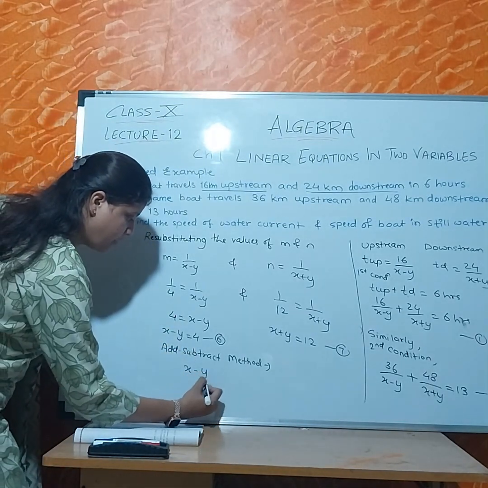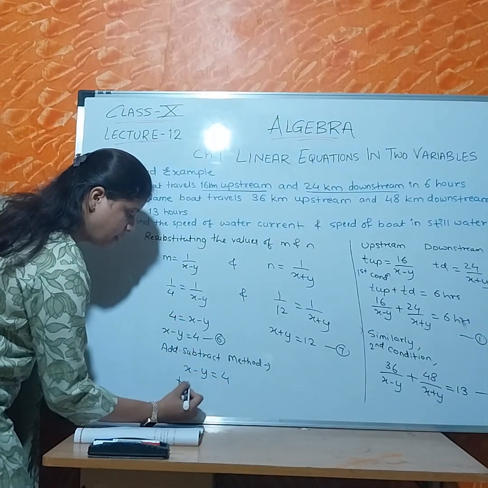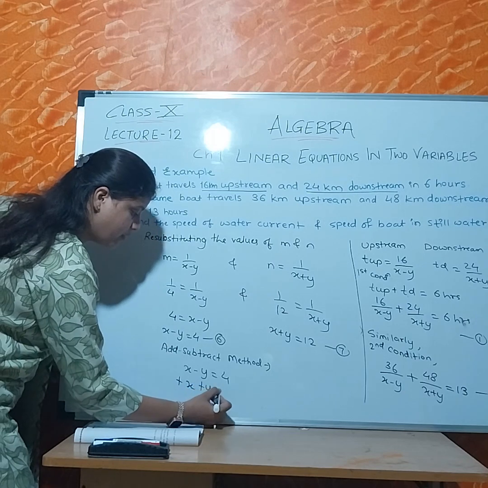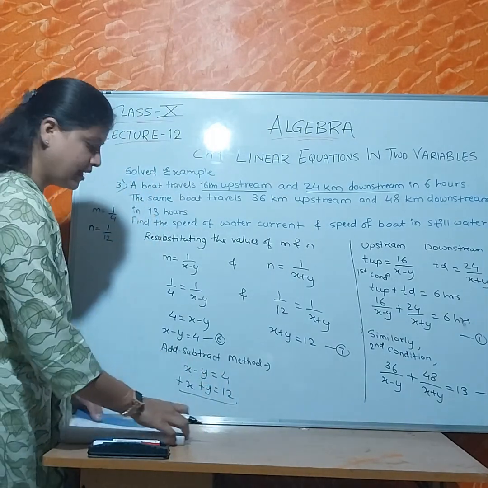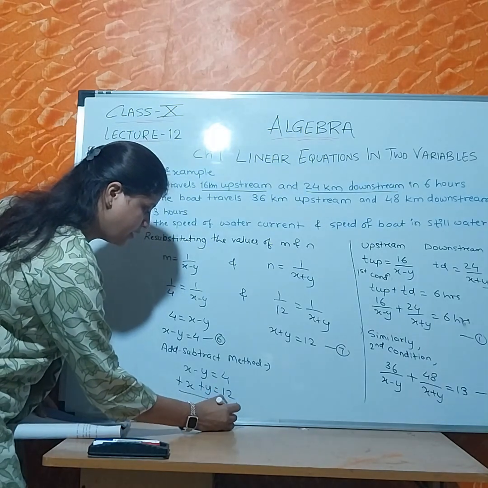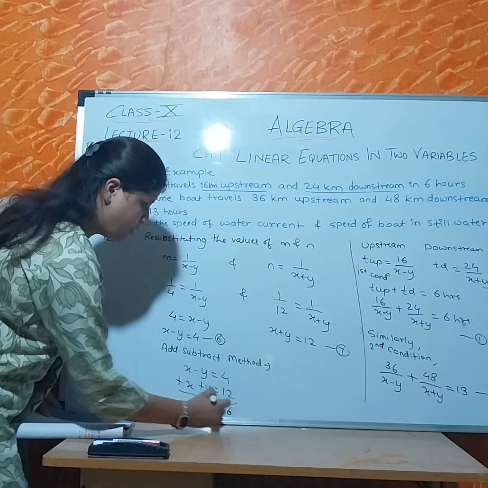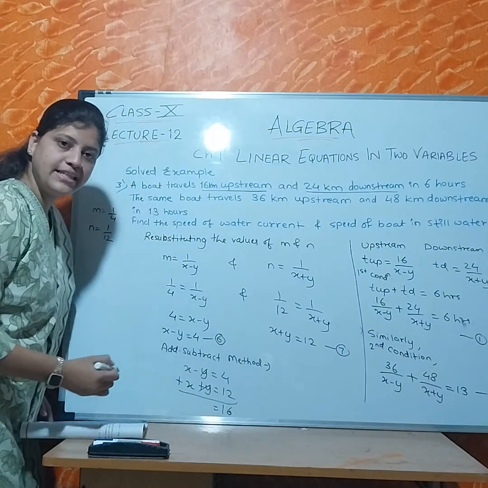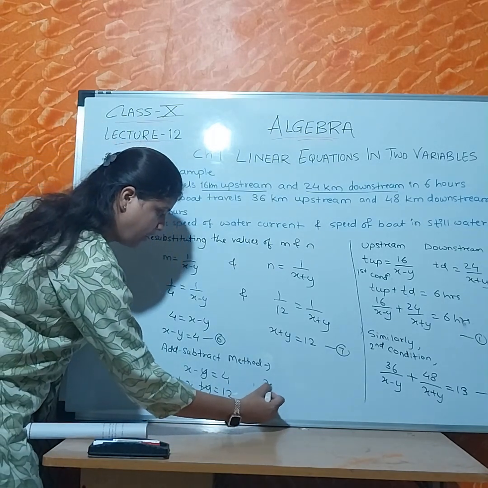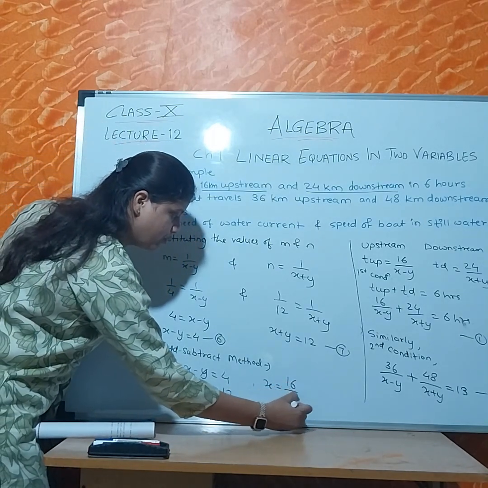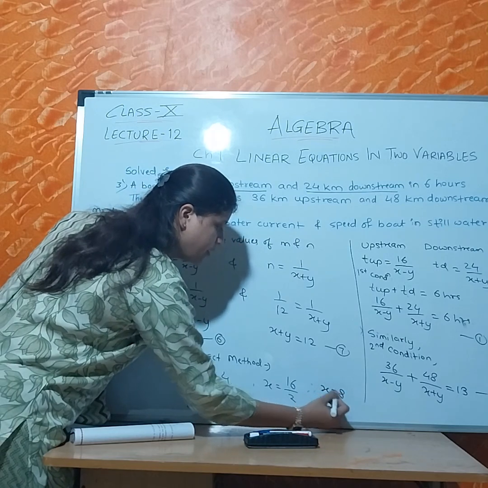So x minus y is equal to 4 plus x plus y is equal to 12. So what we will get? 12 plus 4, answer is 16 is equal to, minus y plus y gets cancelled. x plus x, 2x. So we get x is equal to 16 upon 2. x is equal to 8.